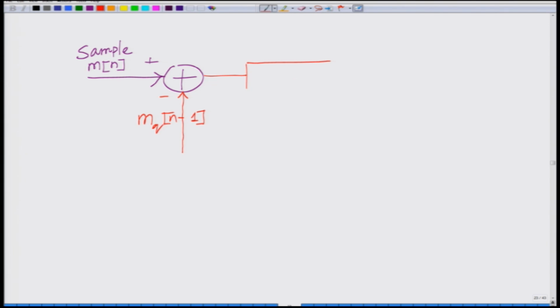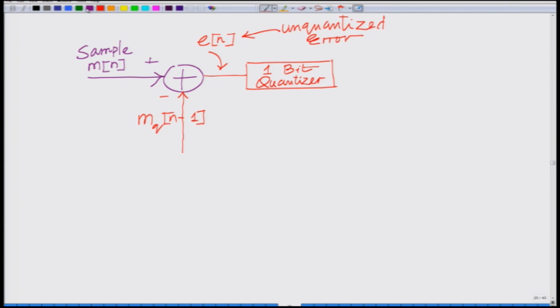This is passed through your 1 bit quantizer, that is delta times sign of e[n]. So M[n] minus Mq[n-1] is your unquantized error, e[n].